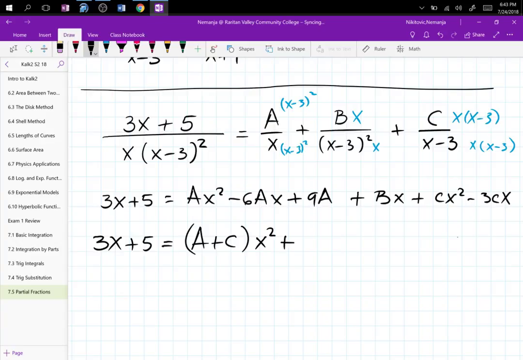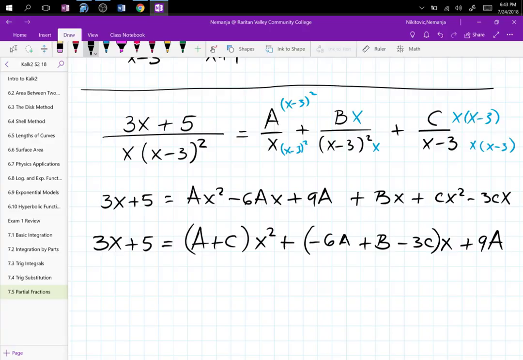So plus, open parenthesis, negative 6a plus b from this term, and then minus 3c from that term, and that's times x. And the only thing that is left is a constant term. Now that constant term over here, the only constant term is 9a, right?